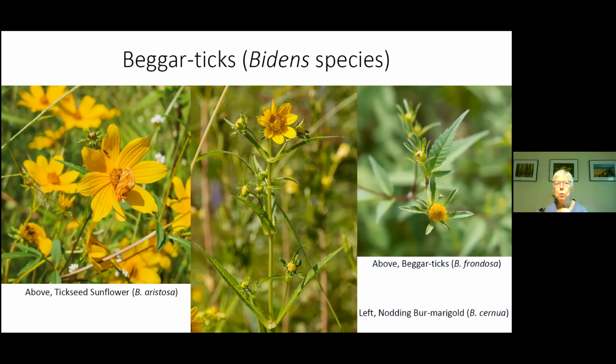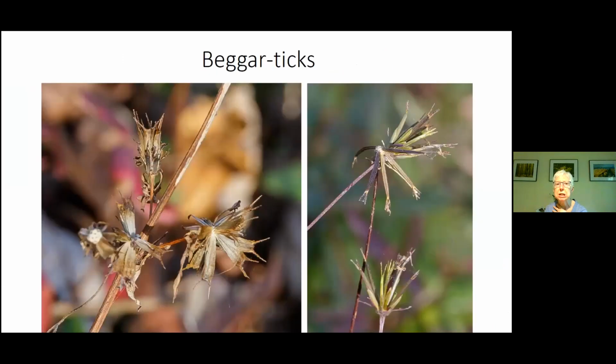Now a word about the name, beggar-ticks. The fruit that's produced from these plants typically has little prongs or teeth or tick-like structures that are evolved to help disperse the seeds. They're evolved to hitch a ride on probably a mammal, maybe your pants, maybe my pants, as we walk and brush past the fruits.